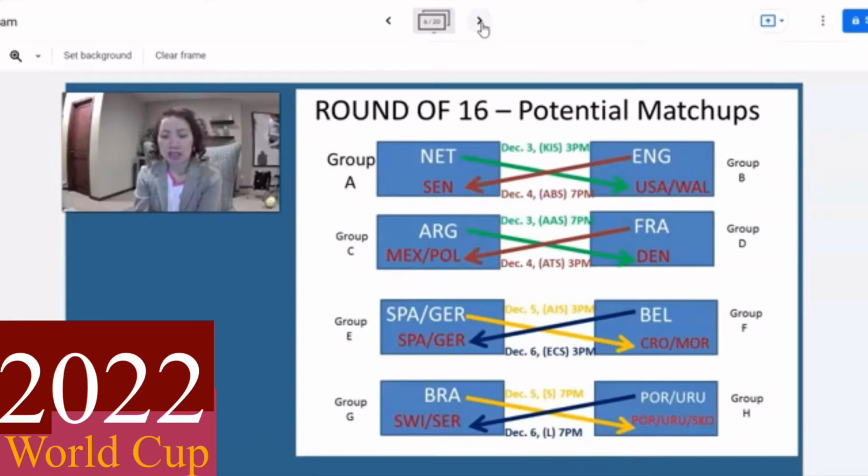And Spain and Germany will meet Belgium. That's why you saw that Belgium, even though it's ranked second, is given very low odds compared to its ranking to win the whole thing, because as you can see, it is guaranteed to meet either Spain or Germany in the round of 16.